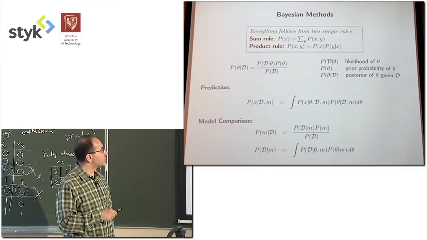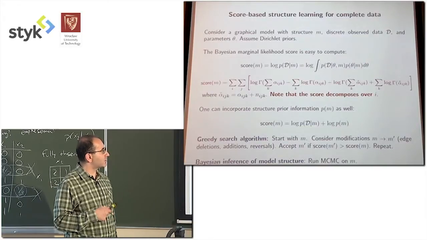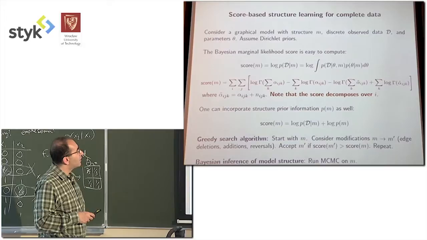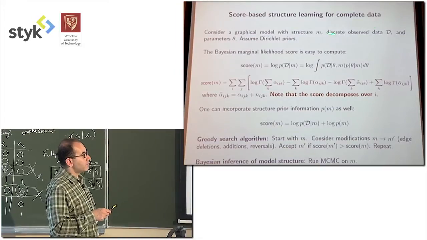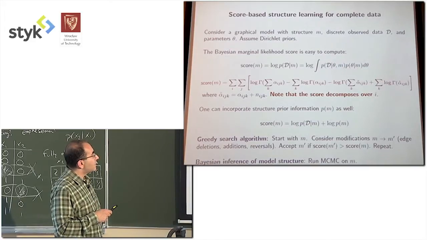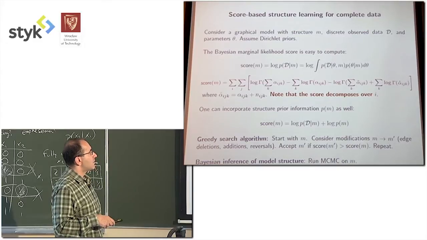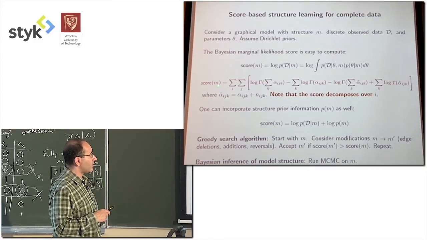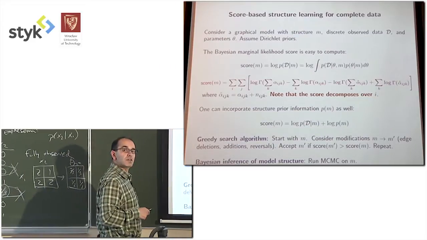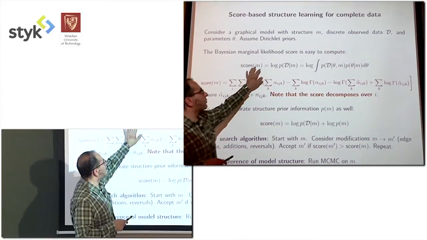And again, this basic idea here of Bayesian learning, if you apply it to structure learning, for complete data, that's when you don't have any missing or hidden variables, then it turns out if you have complete data, discrete observations, and you assume something known as Dirichlet priors, then the score for a graph is very easy to compute. So the score for a particular graph, what do I mean by that?